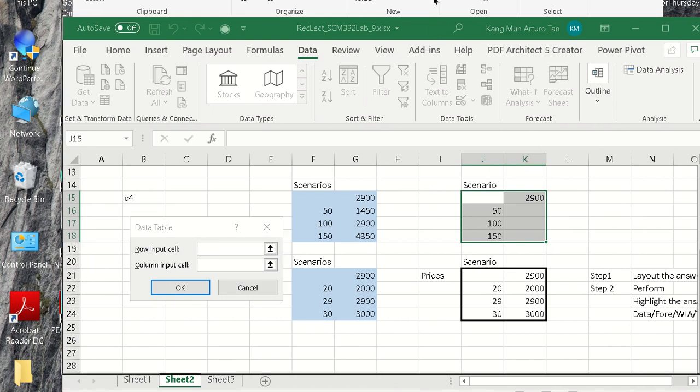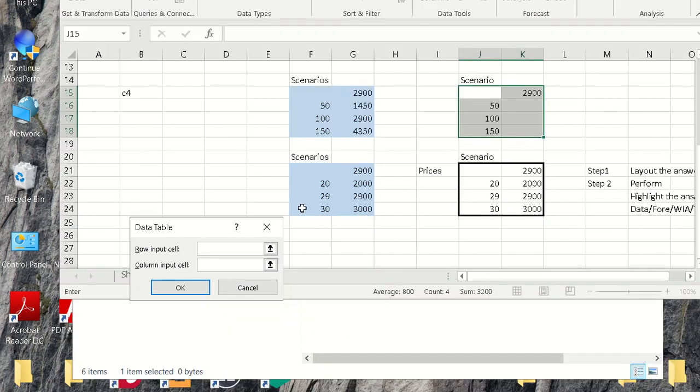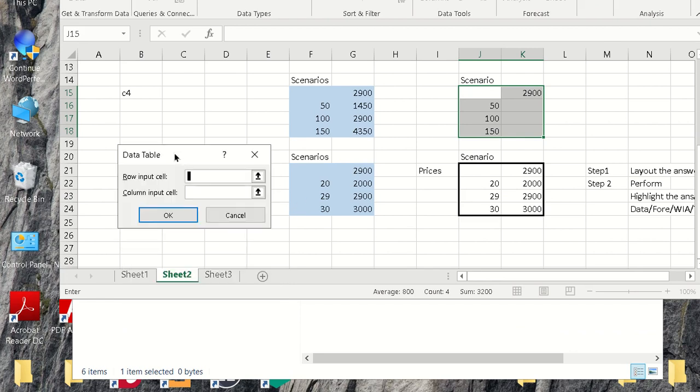All right. And is that C4, right? Take note, since this is going down vertical, you write here the C4. Don't write it up there.